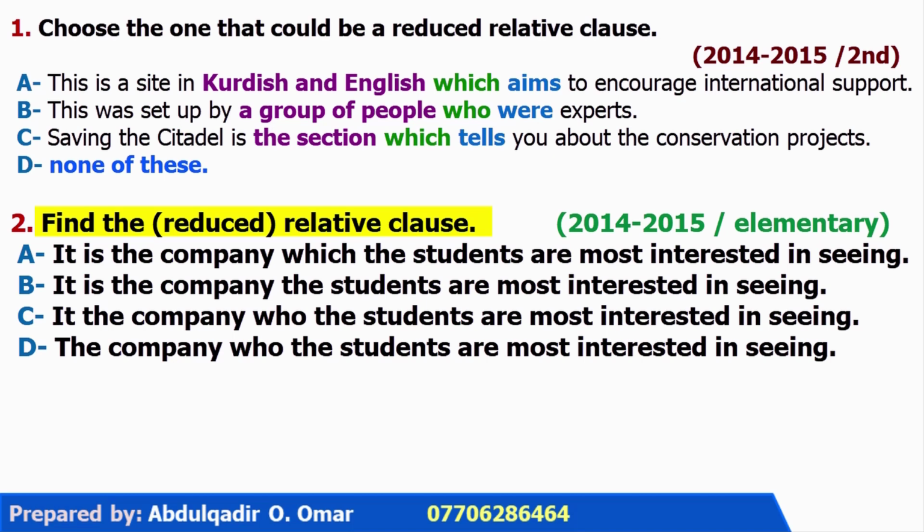Here, all the choices have relative pronouns apart from choice B. So the correct answer is B because it doesn't contain a relative pronoun. It's reduced. Choice B, it is the company the students are most interested in seeing. Here we don't have a relative pronoun because it's reduced.